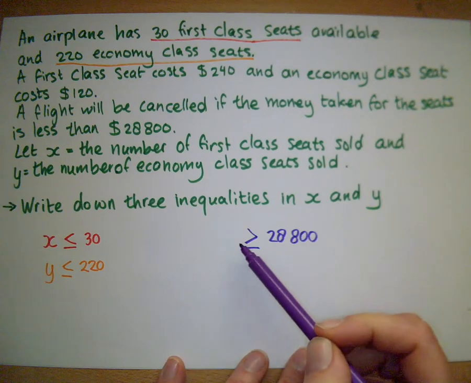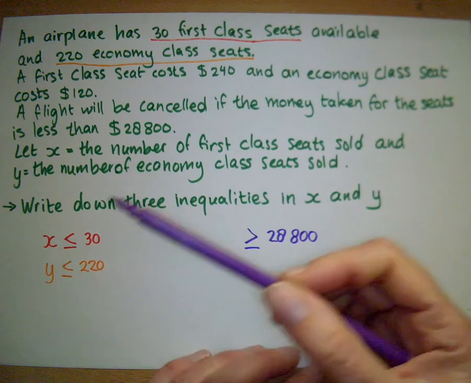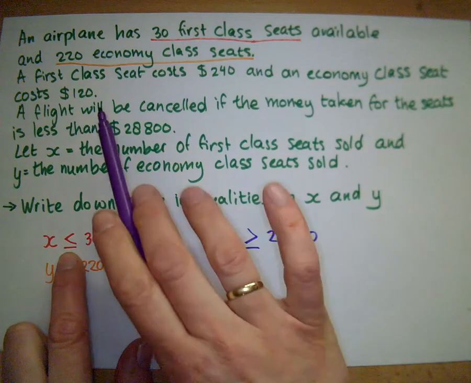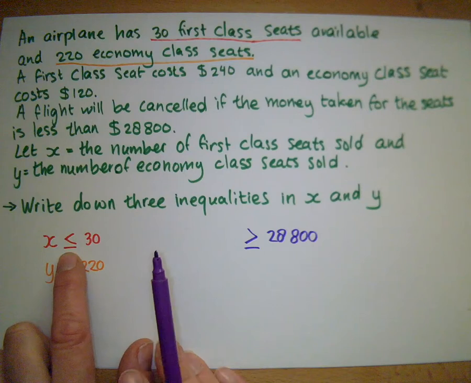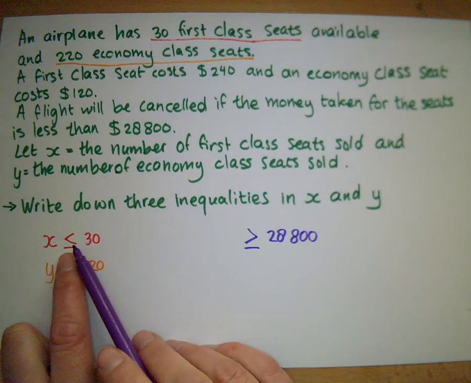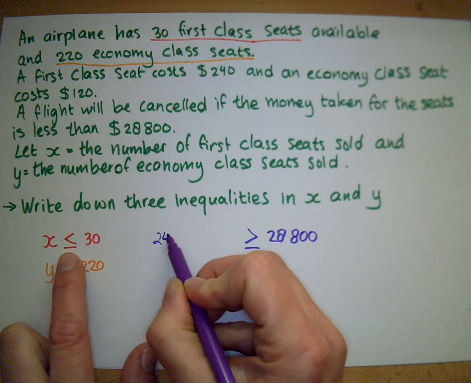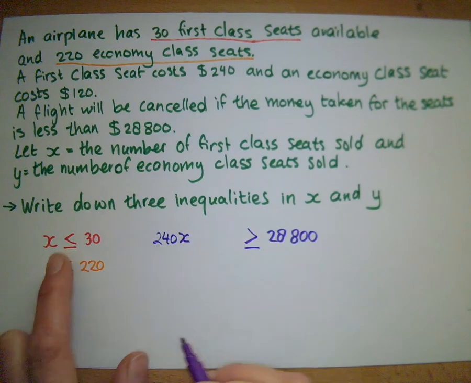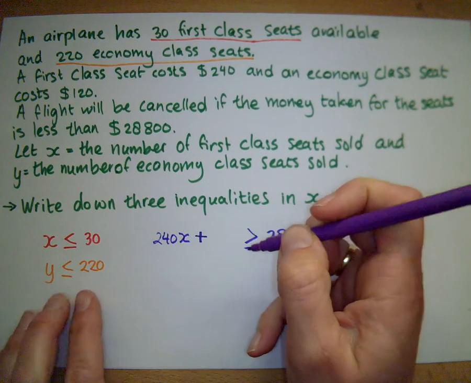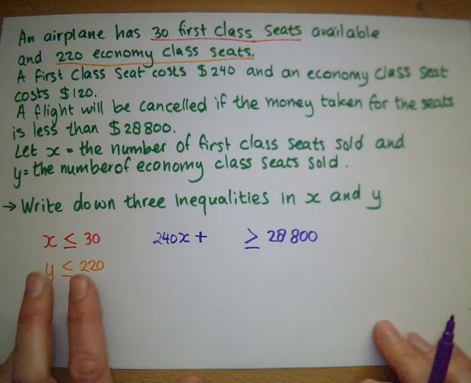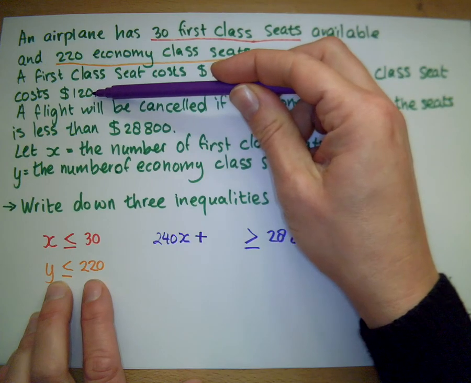So let's see, what are our X first class seats going to bring in? Each first class seat costs 240. So 240 times the number of seats that we sell, so X, is what that's going to bring in. That's the cost of those seats, or the income for the airline, plus however many economy class seats we sell times what they cost apiece, 120.